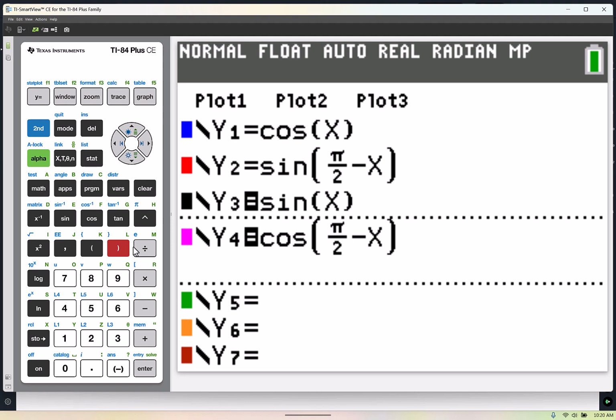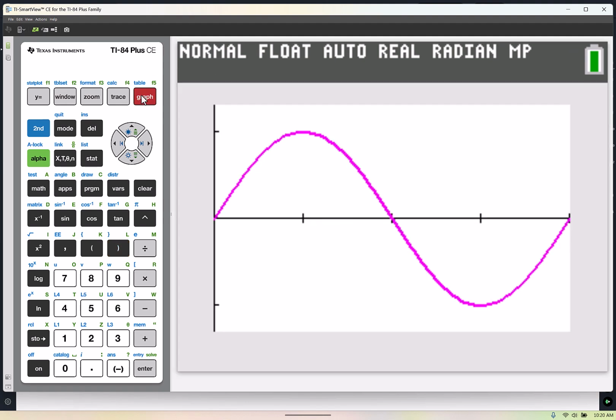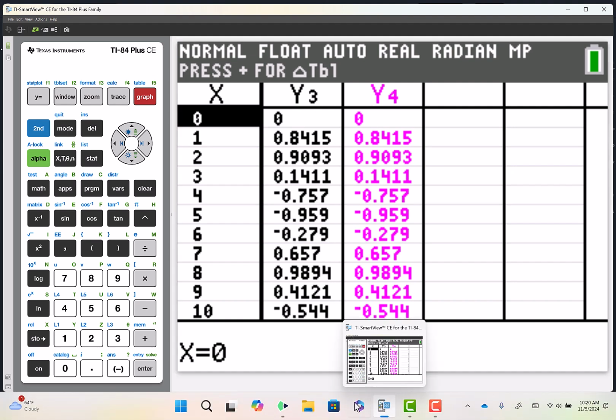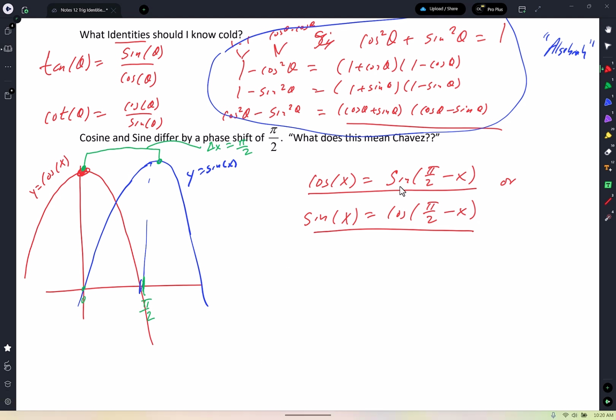Close. Check it out, guys. Ready? It's going to go fast. Bam. The black, pink. Same graph. Cool, right? You could have also looked at the table. Look at the table, how everything's the same for Y3 and Y4. So hopefully that convinces you guys, because they just shift, but they're only pi over 2 apart. So that's why we have this property here.